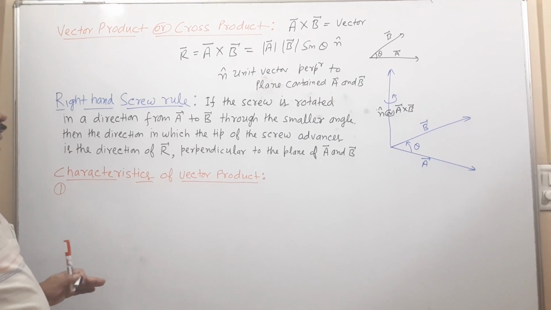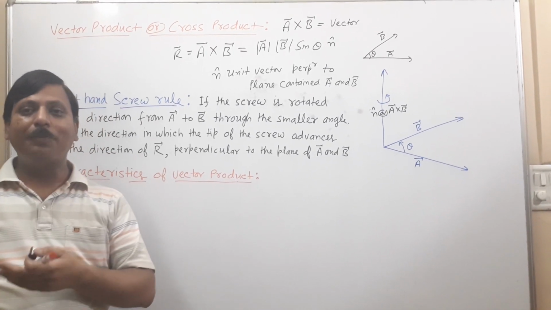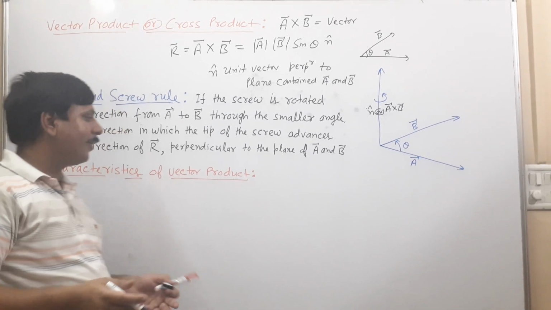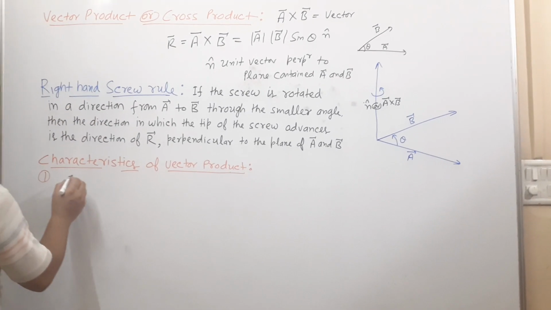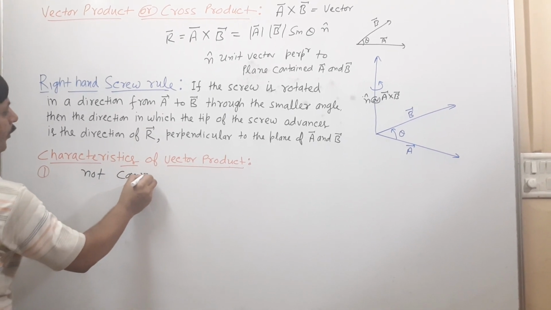What are the characteristics? In the dot product we have seen that A dot B is equal to B dot A. They follow the commutative law, but here they do not follow the commutative law.